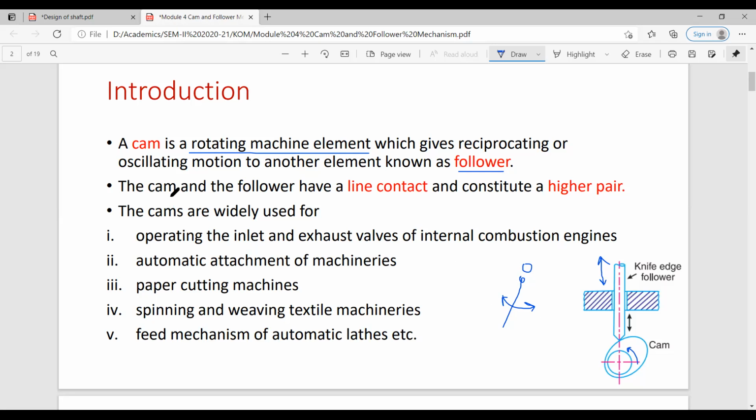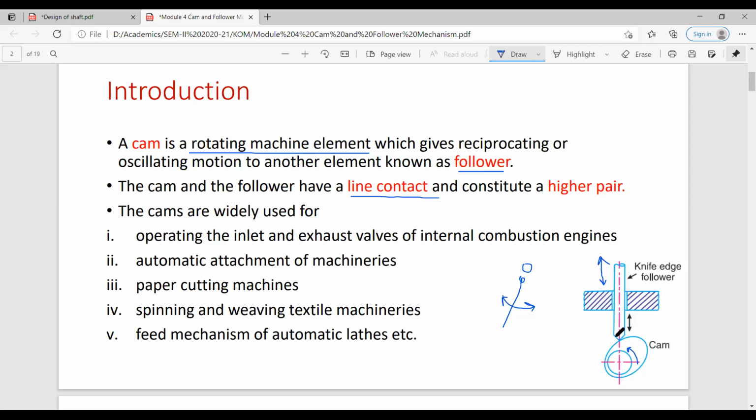In this cam and follower, there is a line contact between follower and cam. Where the two make contact, it is a line contact, not a surface contact. Because of that, it is a kind of higher pair. If you remember the classification of kinematic pairs into higher pair and lower pair, what was the basis of classification?